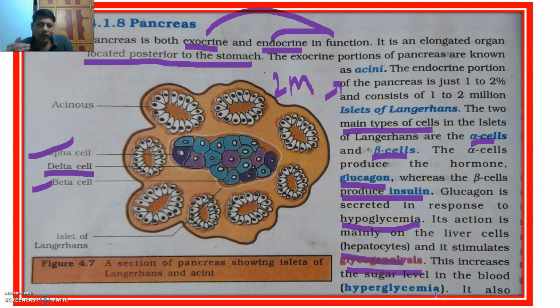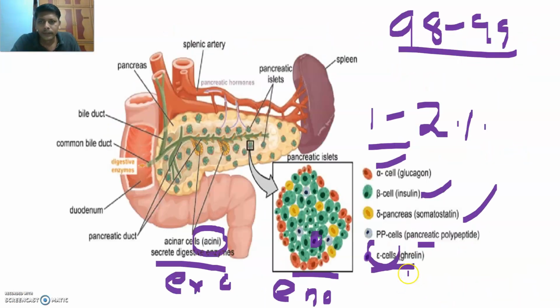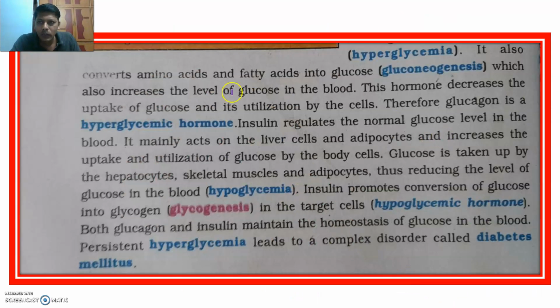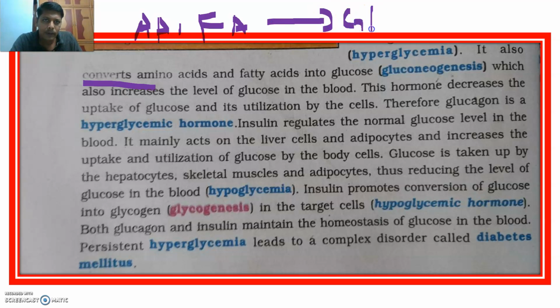That's why it is called a hyperglycemic hormone. It also converts amino acids and fatty acids into glucose.